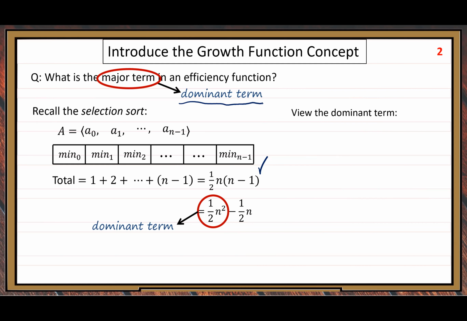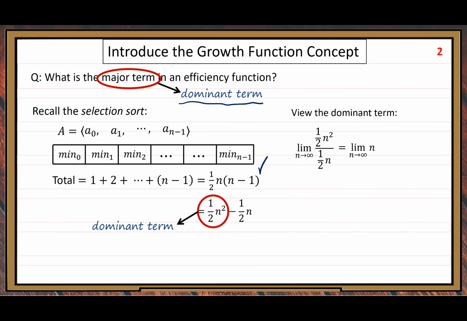So let us use some simple calculation from our calculus. Let's take the ratio, the first term over the second term, and we take the limit when n approaches infinity. This is a simple calculus question, right?